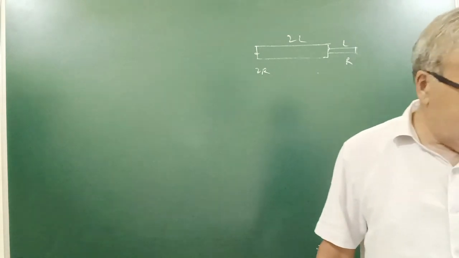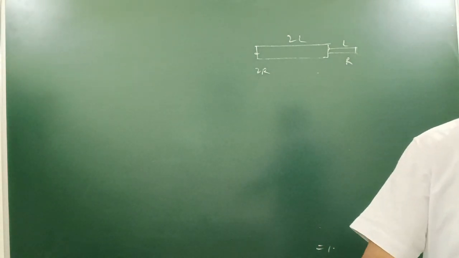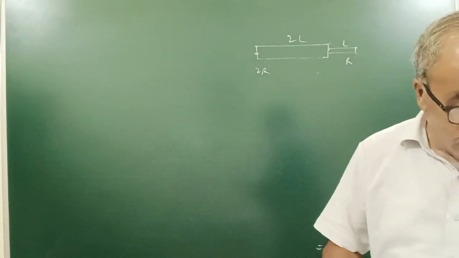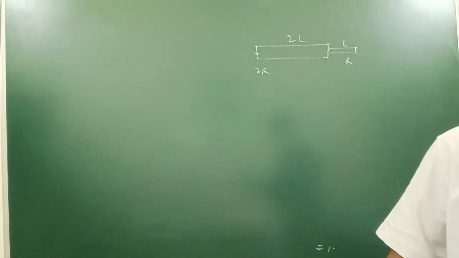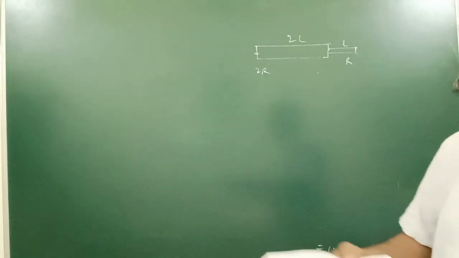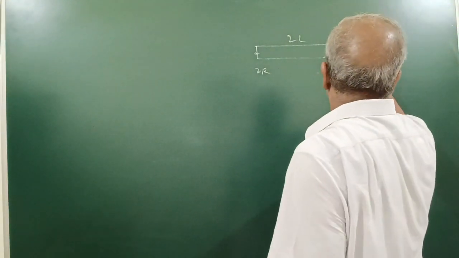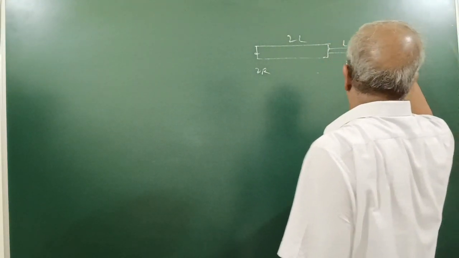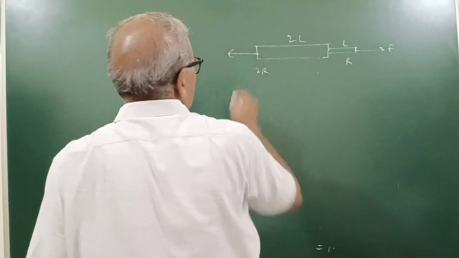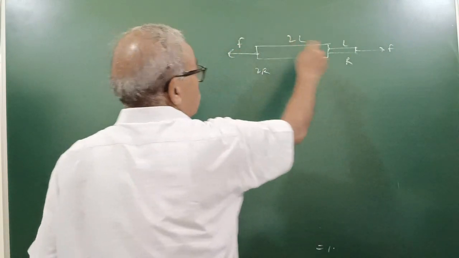When the arrangement is stretched by applying forces at two ends, what is the ratio of elongation in the thin wire to the thick wire? Actually, we have to apply equal force on both sides. These two forces are equal. So the thin wire has length L, and the thick wire has length 2L.